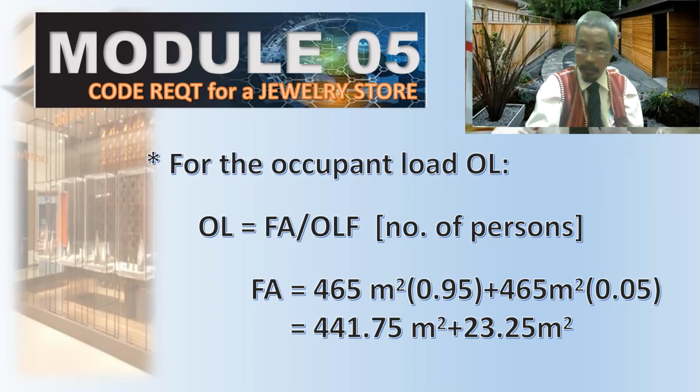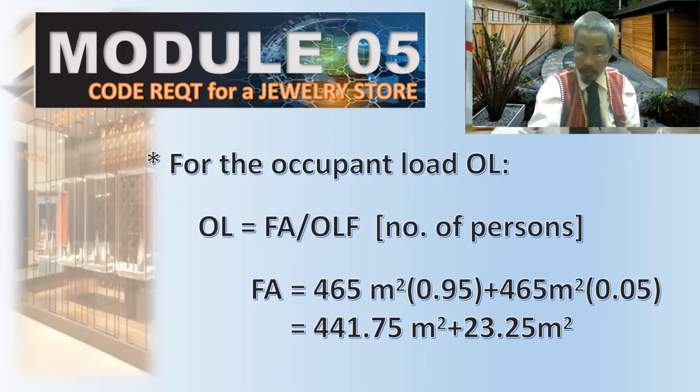Okay, first we have to compute the floor area. How much? Okay, 465 square meters of floor area, 95% of it is devoted for what? For sales, and 5% of that is devoted for other purposes, general business purposes.